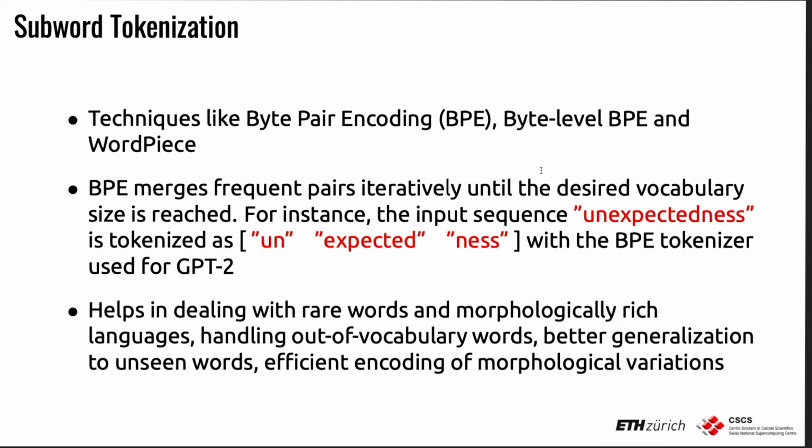Expected is a word, and ness is also a common suffix. So maybe those three are in the vocabulary, and then sub-word tokenization is going to do this.